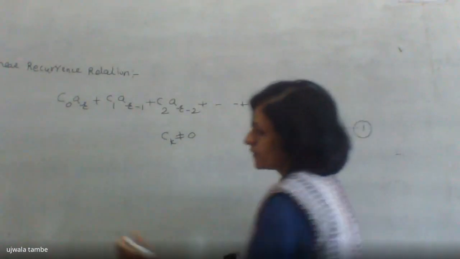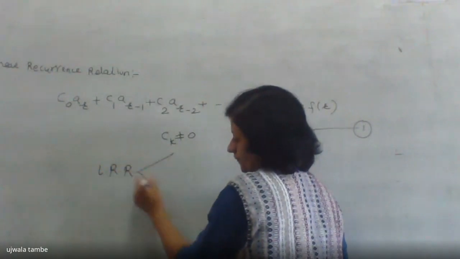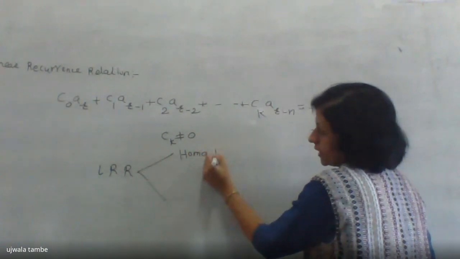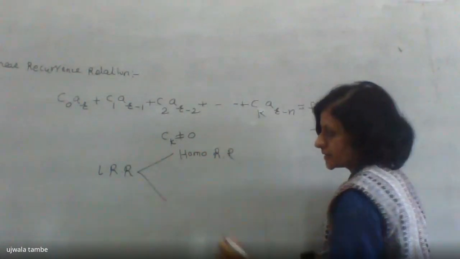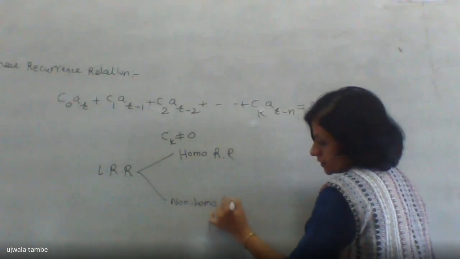There are two types of linear recurrence relation. First is homogeneous recurrence relation and second one is non-homogeneous recurrence relation.